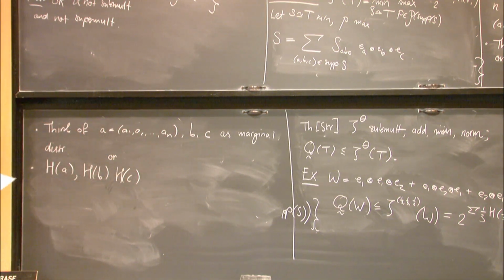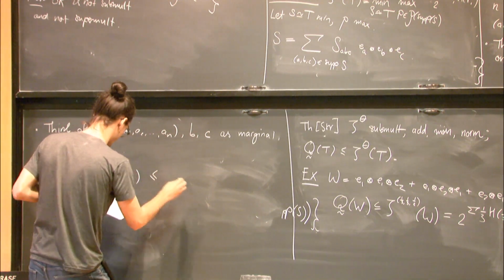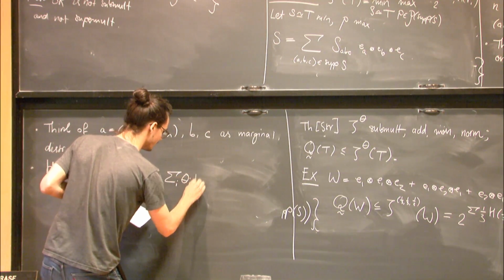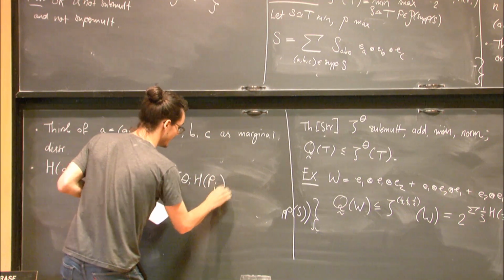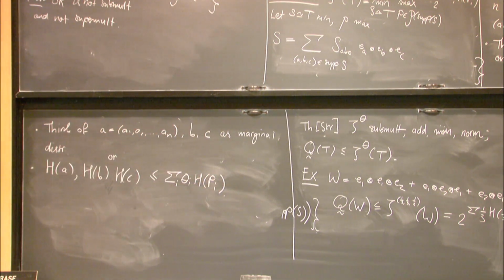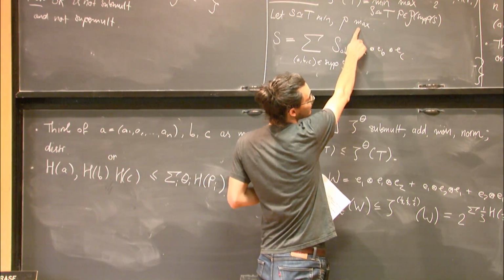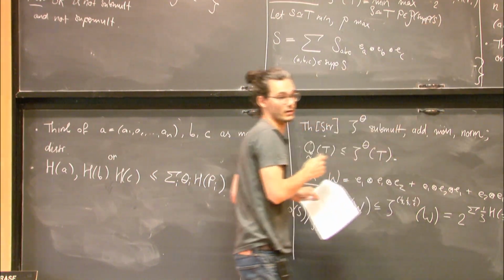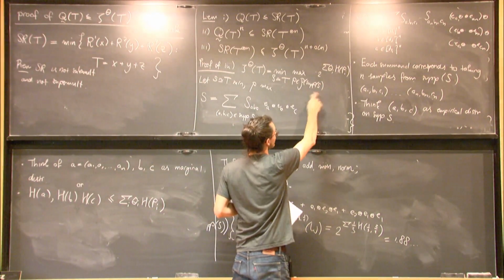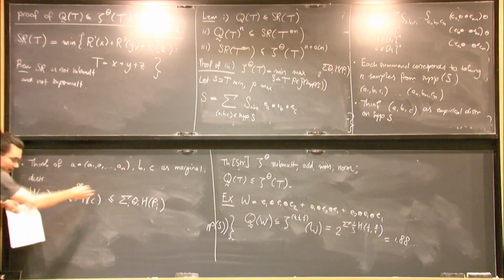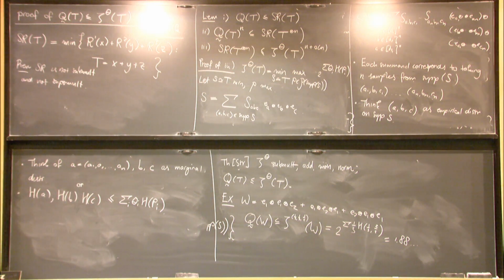So at least one of them has to be at most this theta weighted average of the H(P_i)s. Why is that? Because we chose the distribution P to be a maximizer of this weighted average of marginal distributions on the support of S. It's a maximizer, which means exactly that it has to upper bound the weighted average, and then it has to upper bound at least one of them. All right, good.